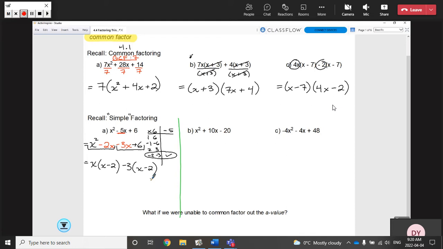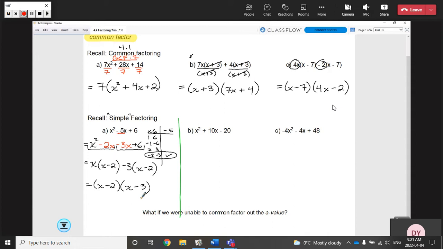To no shock at all, if you factored correctly, and only if, you have a common binomial here. That's how you know you've done it correctly. And then we just common factor out the x minus 2, and we're left with an x minus 3.